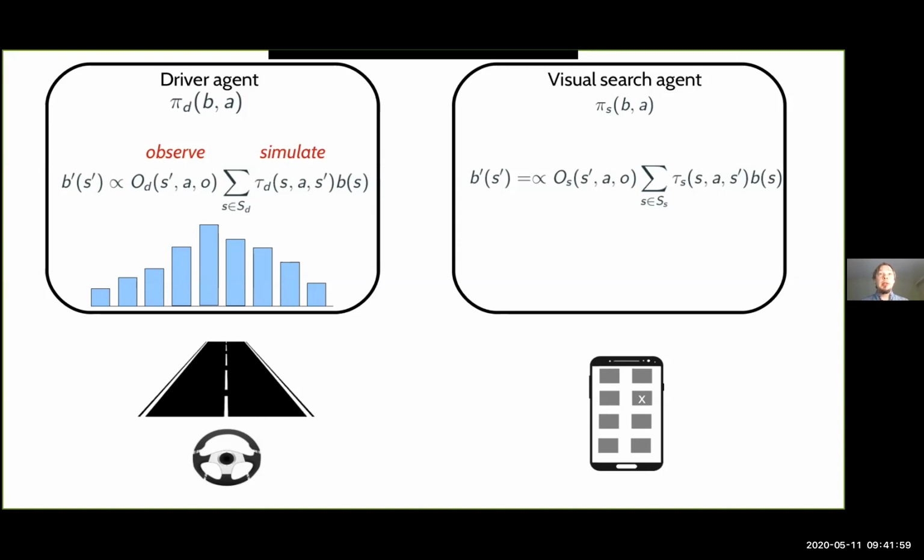However, the driving agent, thanks to its internal simulation, is able to drive while the visual attention is given to the visual search agent. But what happens here is, because it's not able to make observations and because the world is noisy, the actions of the agent have noise associated with them.